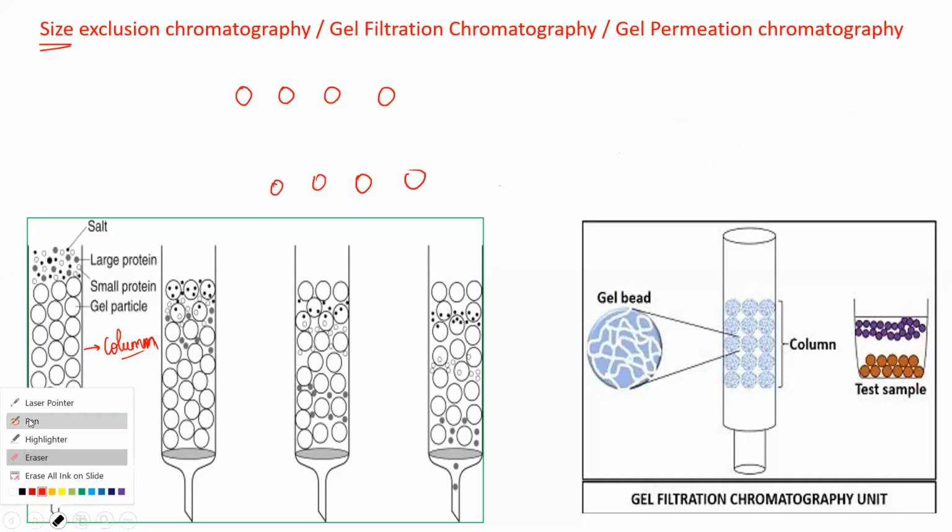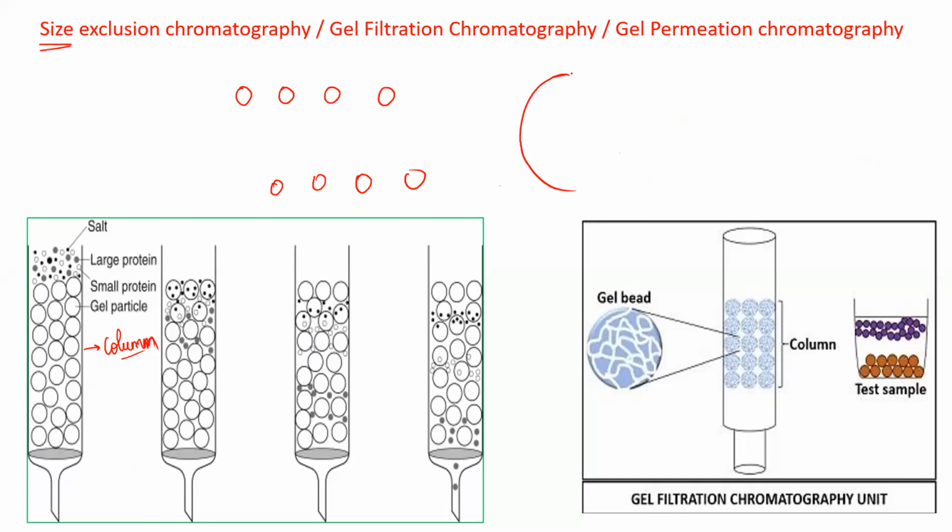Again, I said that these are heteropolymers. So it means that in some cases, if this is the bead, then you can see the pore size that I was talking about. So this can give rise to larger pore size.